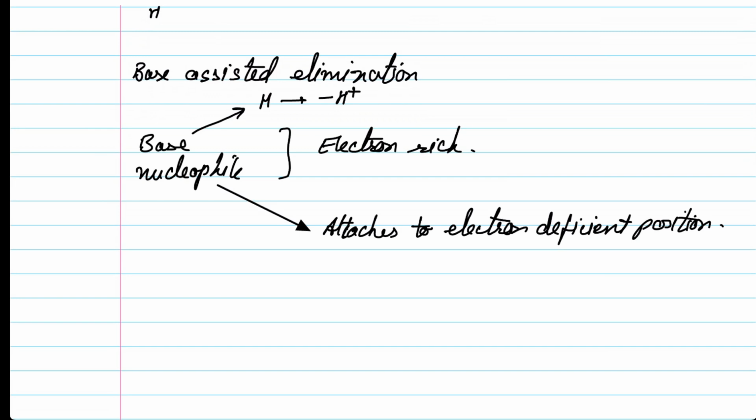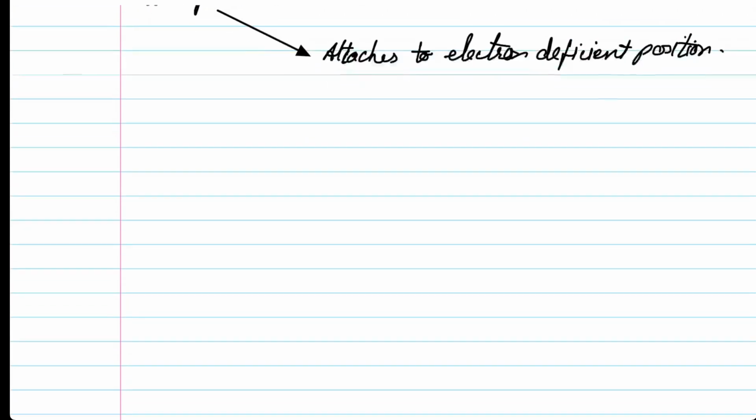So the same species has the capacity to act as a nucleophile or a base depending on the condition. In fact, the way a species behaves will decide whether it is a nucleophile or a base. Now let us understand the conditions in which a species would behave as a base and the conditions in which it would behave as a nucleophile.